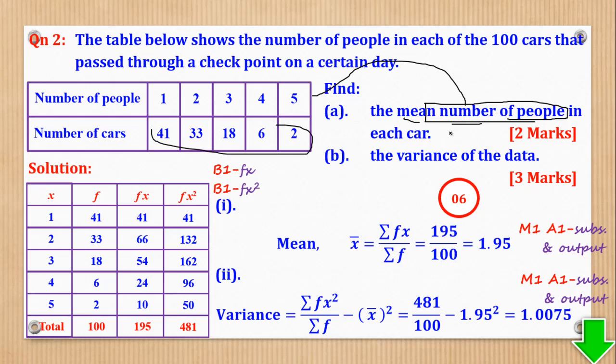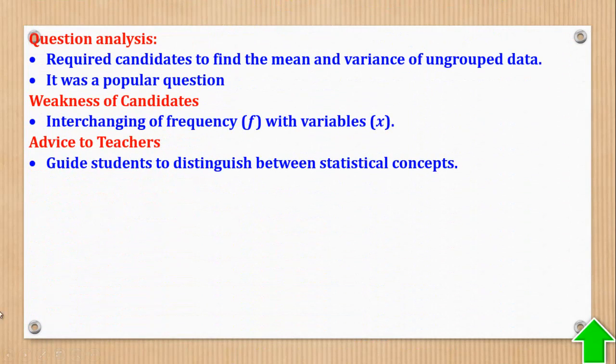But they said mean number of people, so it's the same as mean of x. Mean number of people means x is the number of people. Don't confuse that. Then they advise that teachers should guide students to distinguish between statistical concepts.